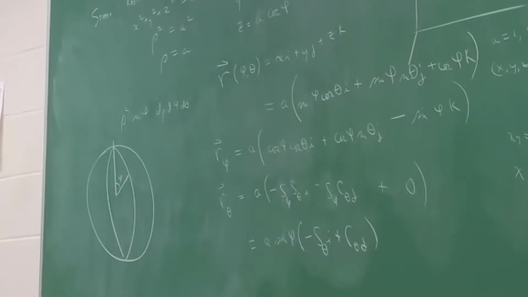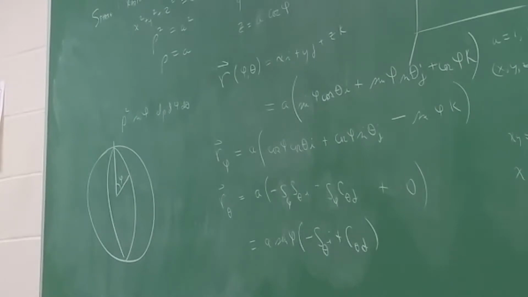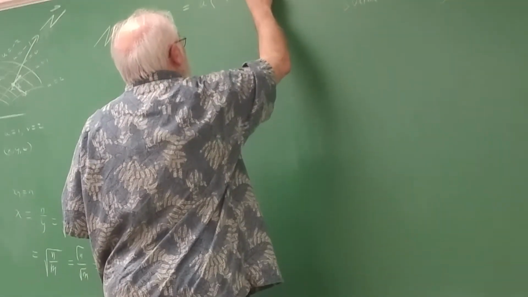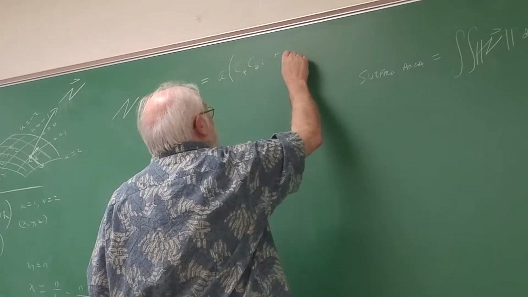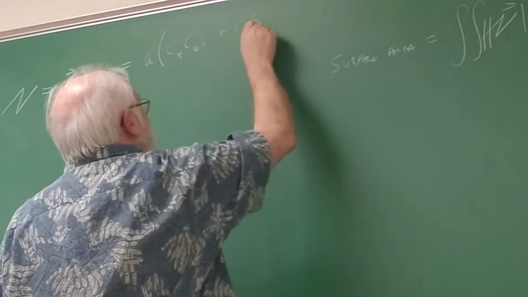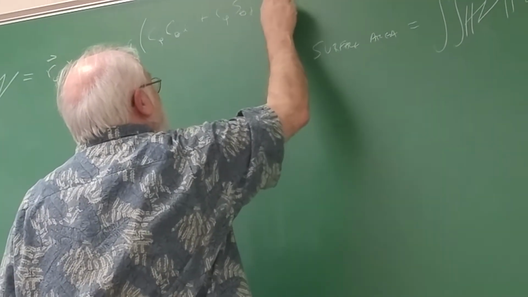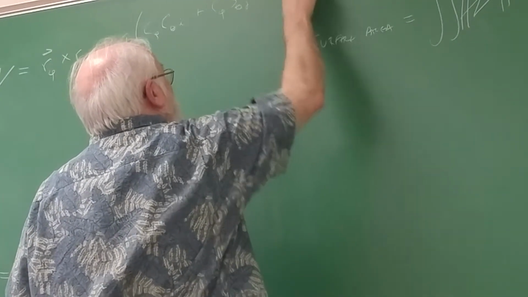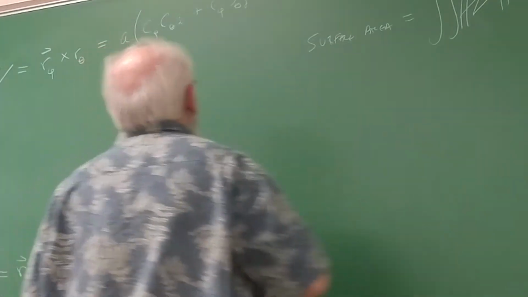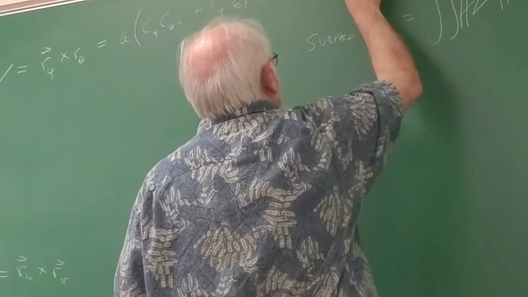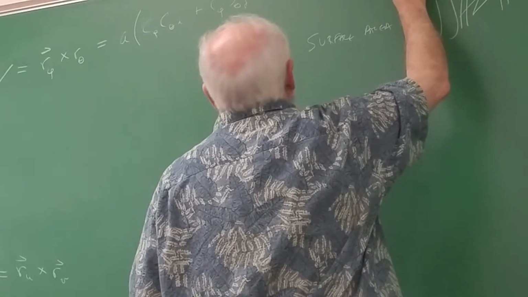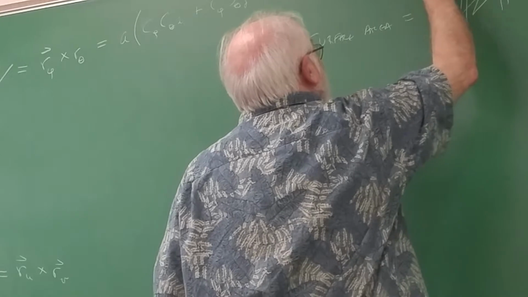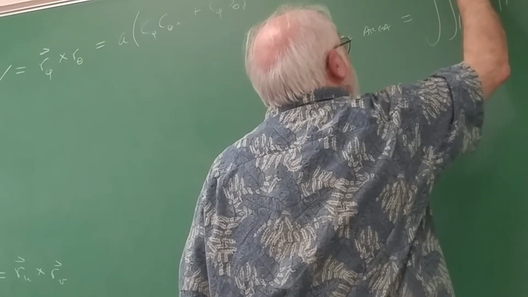Oops, no, cosine phi. I'm doing r sub phi first. So cosine phi cosine theta i plus cosine phi sine theta j minus sine phi k. Then cross that with a sine phi, and this is minus the sine of theta i plus the cosine of theta j.